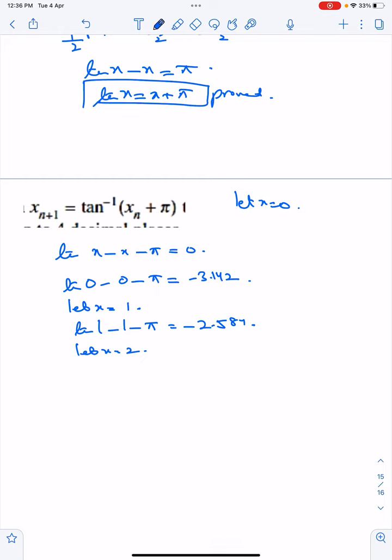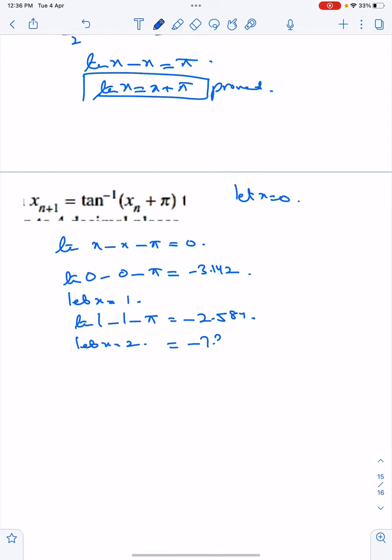Tan of 2 minus pi. Okay, it's giving me minus 7.32.